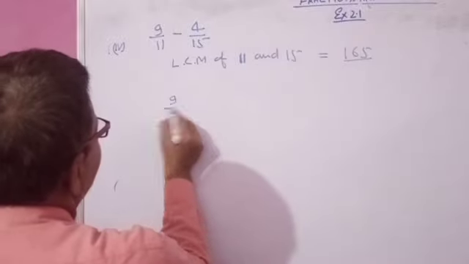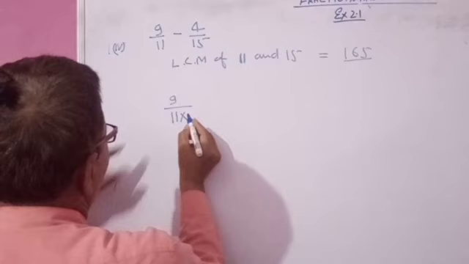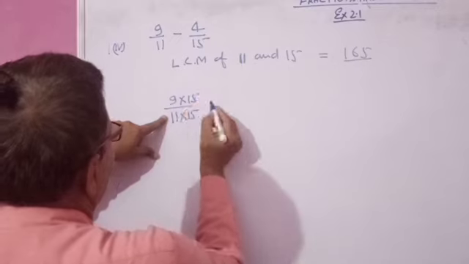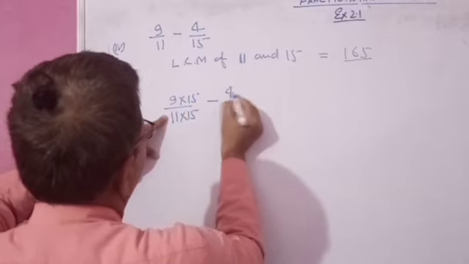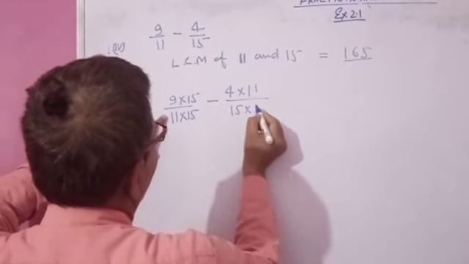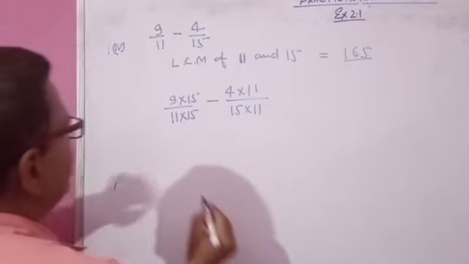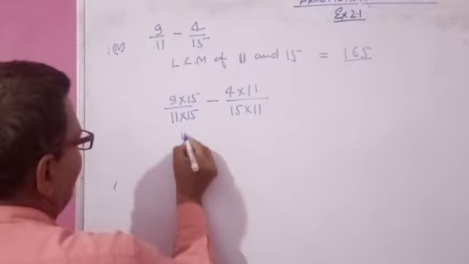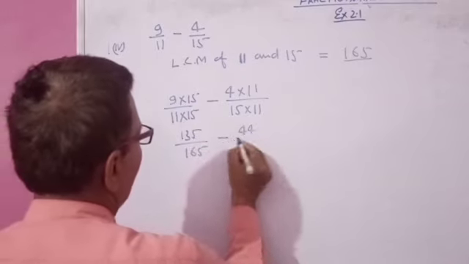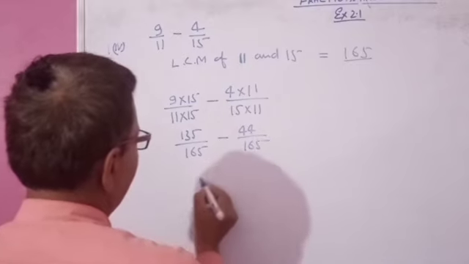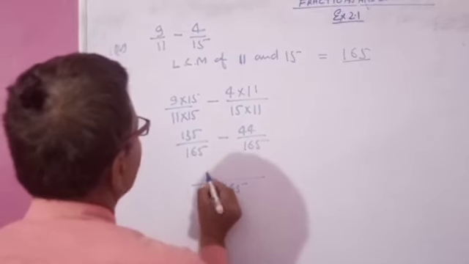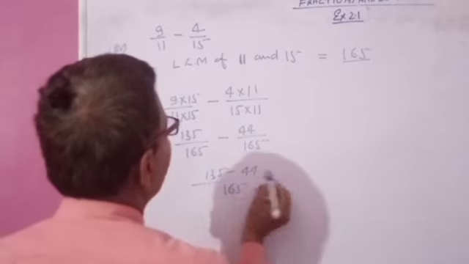Now you can change the numerator and denominator with equivalent fractions. You will change the denominator to 165. 4 upon 15 multiplied by 11. Now 15 times 9 is 135 upon 165 minus 44 upon 165. 165 is the LCM, and now 135 minus 44.